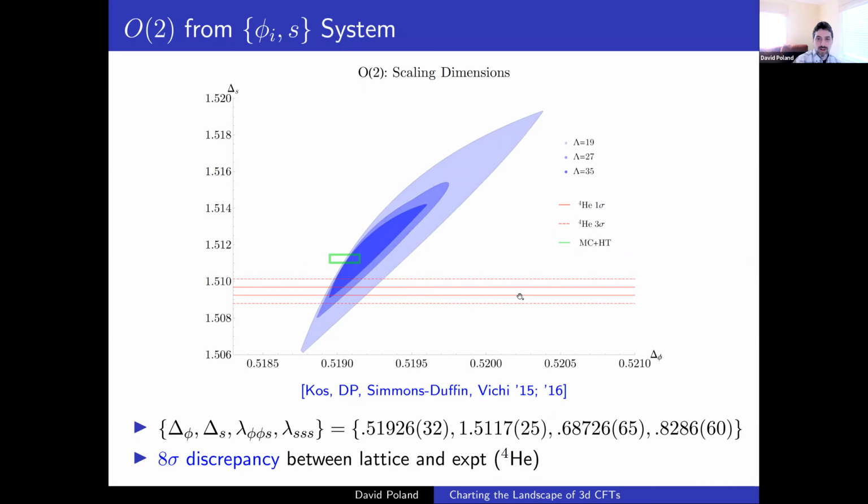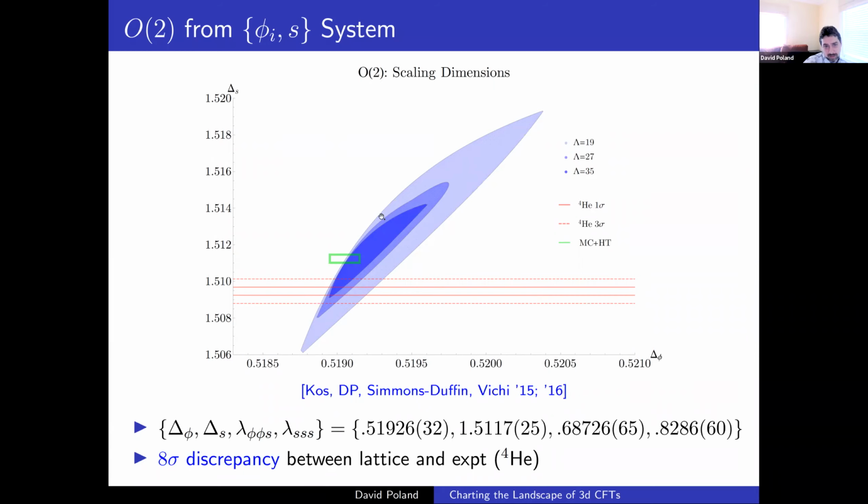This is the 1 sigma and 3 sigma error bars that they reported. And you can see that there's a discrepancy between the Monte Carlo results and the helium-4 exponents that came out of their experimental analysis. And so it's a nice target for the bootstrap to try to resolve that discrepancy.